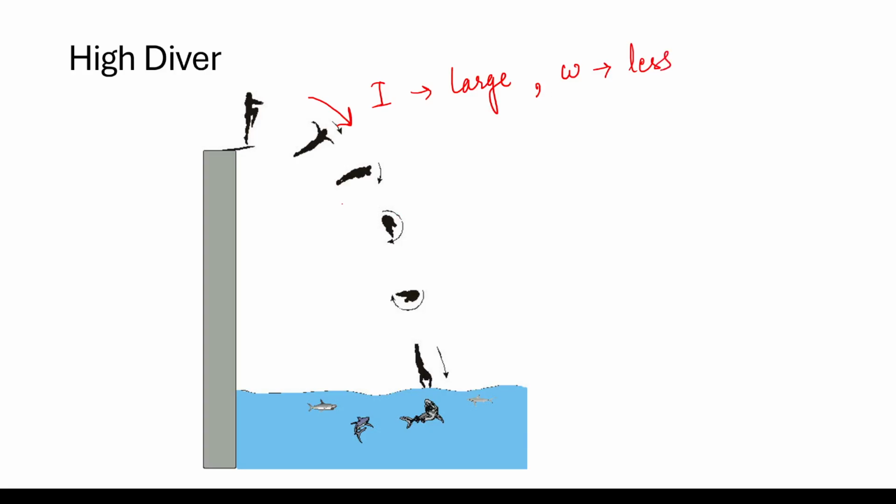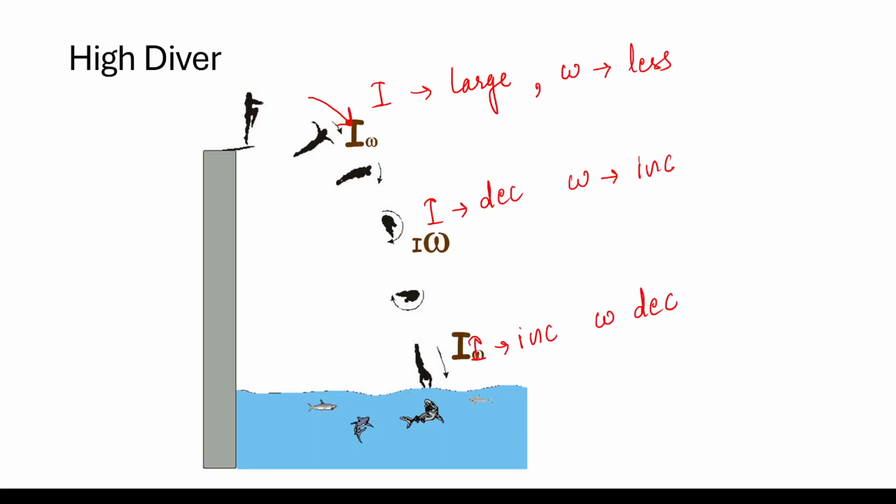Here the diver brings all of his body mass closer to the axis of rotation, so the I decreases, and because the product has to remain the same, omega increases. And the minute he wants to land, he again increases his I by spreading the mass, and then omega decreases. These are a few examples which you generally hear in your A-level exam questions.